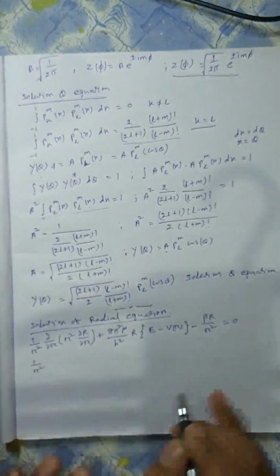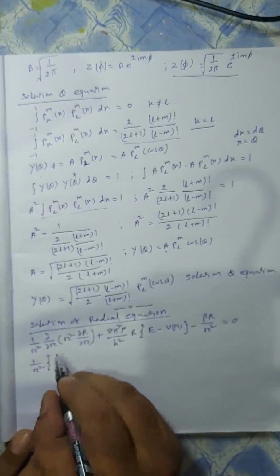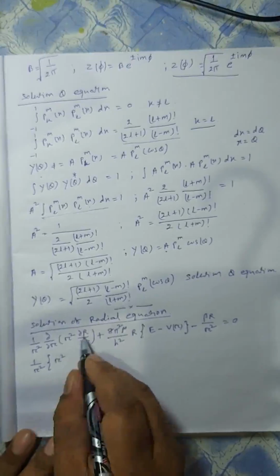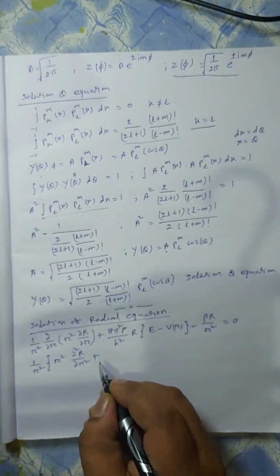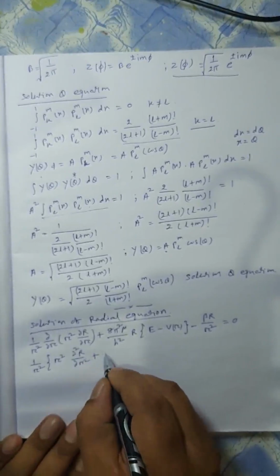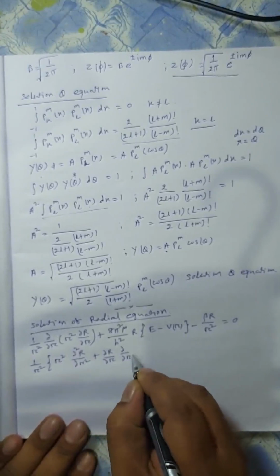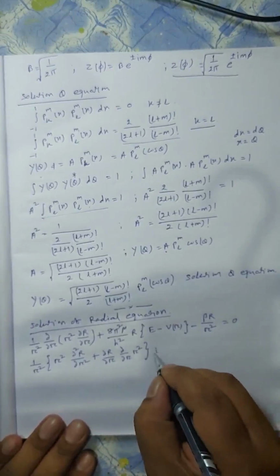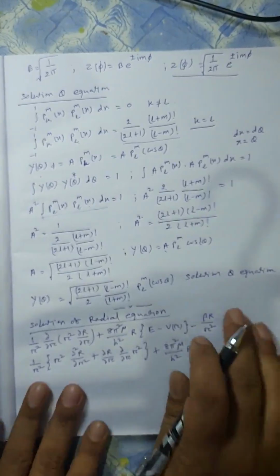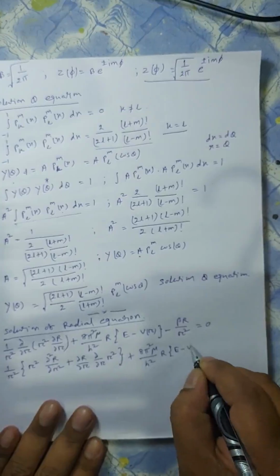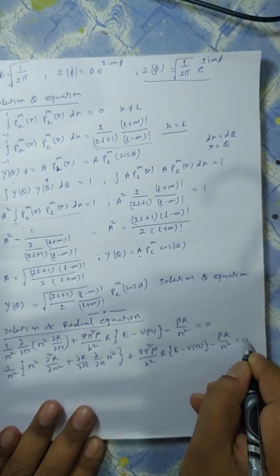Make 1 by r square common. The derivative of r square times dou R by dou r is a product uv, so we get dou square R by dou r square plus the derivative of r square times dou R by dou r, then plus 8 pi square mu by h square R bracket E minus V(r), minus beta R by r square is equal to 0.